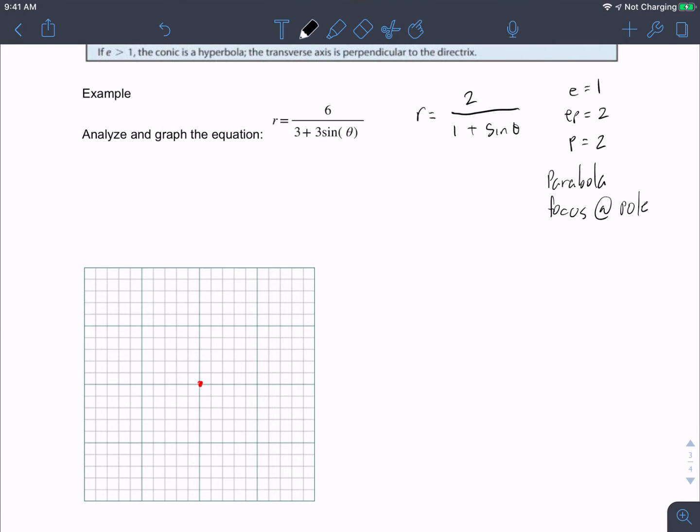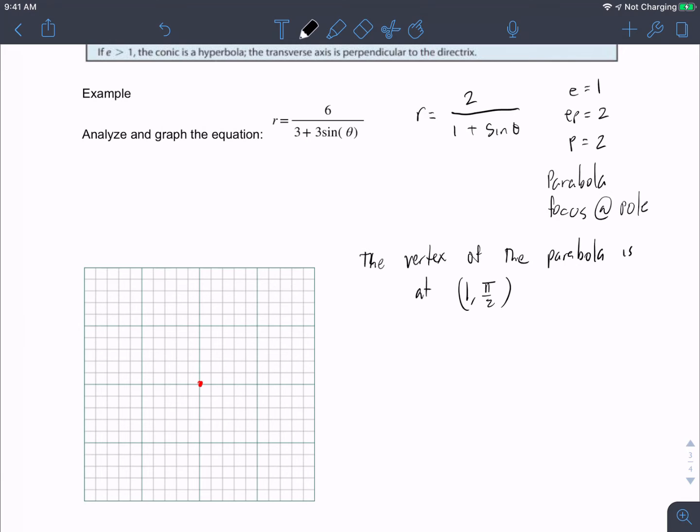And to go ahead and find out information on this thing, we're going to see that the vertex of the parabola is at 1 comma pi over 2.